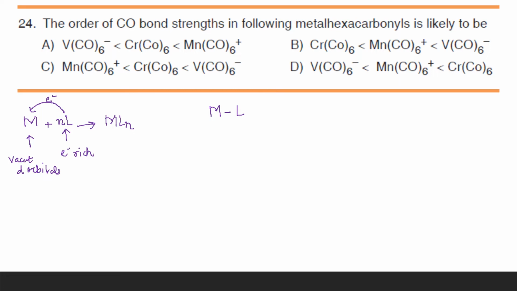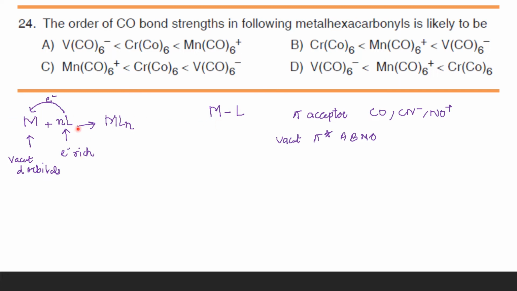But certain ligands like CO, CN minus, NO plus, etc., are known as pi acceptor ligands. Pi acceptor ligands are those ligands which have got vacant pi star anti-bonding molecular orbitals, so that they can actually accept electrons that are donated by the metal.